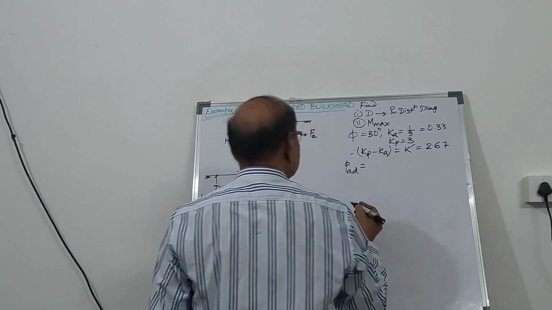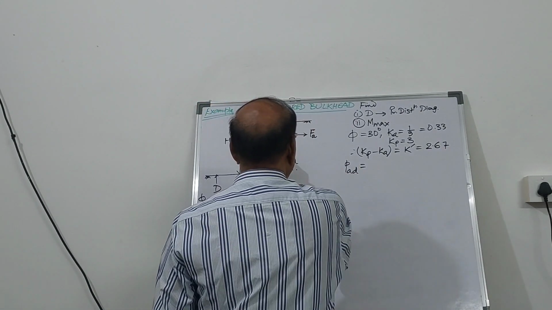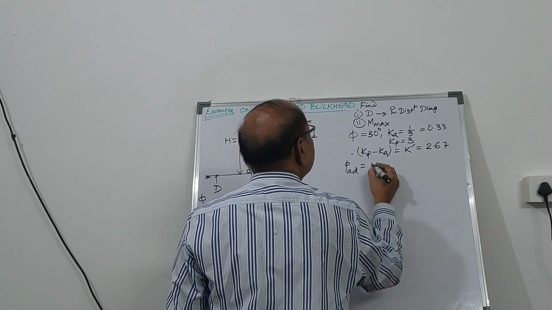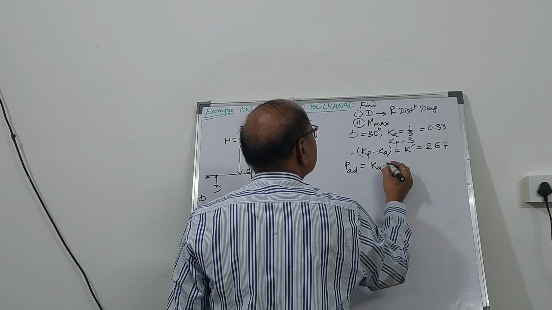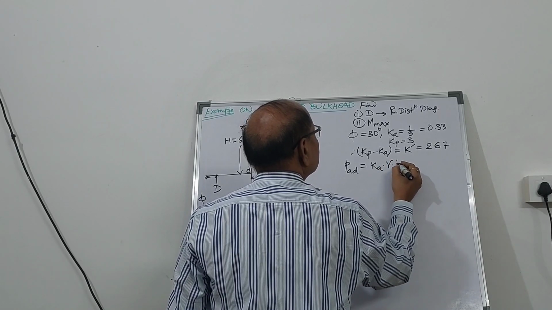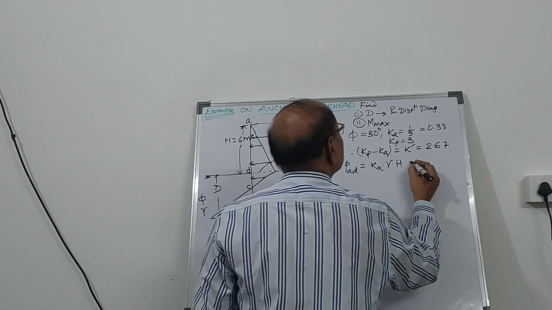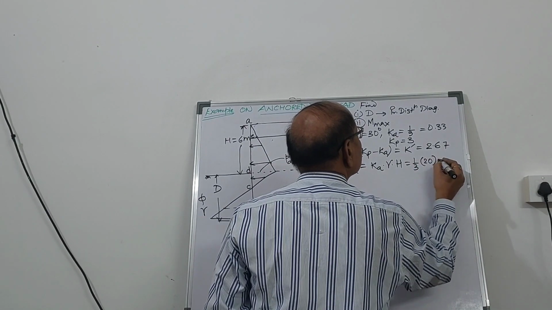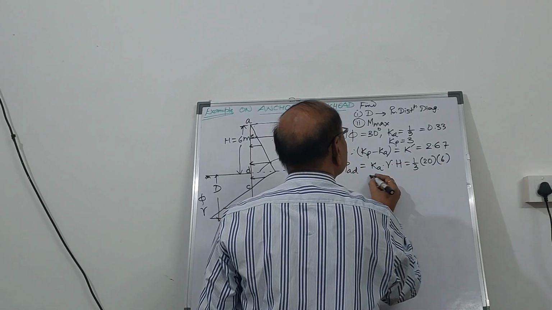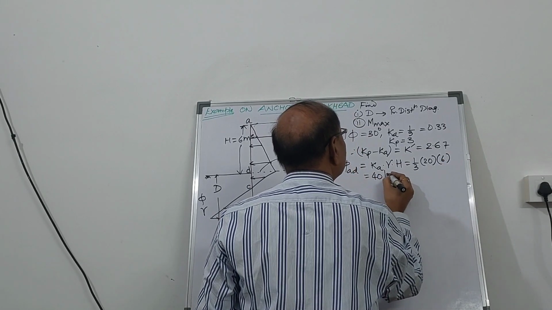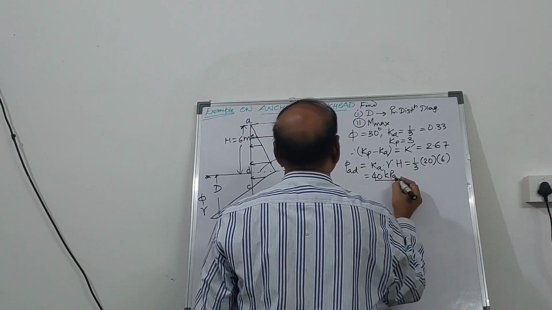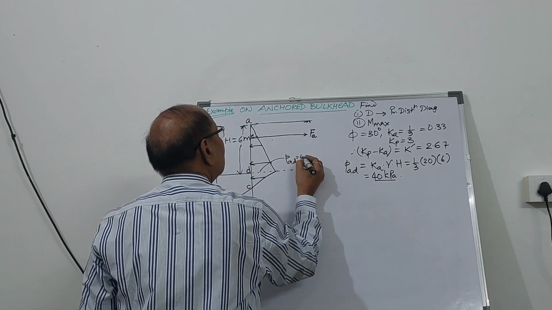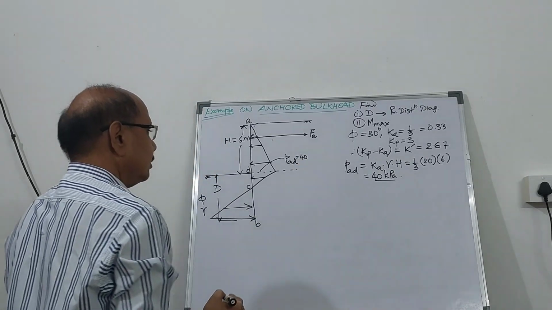This will be given by the, there is no water table here, and therefore you can find it out as K into gamma into H. So it becomes 1 by 3, so this becomes 40 kilopascal.